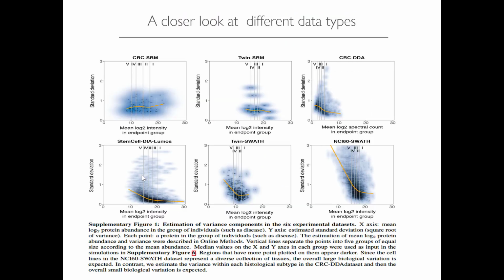Okay, she then did this for other data types, and I want to point you to this lower corner, which is very interesting. This is relatively new data from a high-end trapping instrument, a Lumos instrument, not to advertise this Lumos instrument, but the noise behavior of the data generated from this type of instrument is absolutely amazing to us.